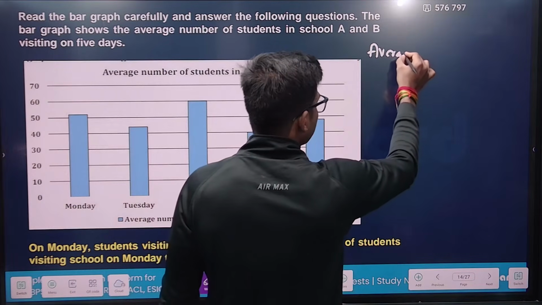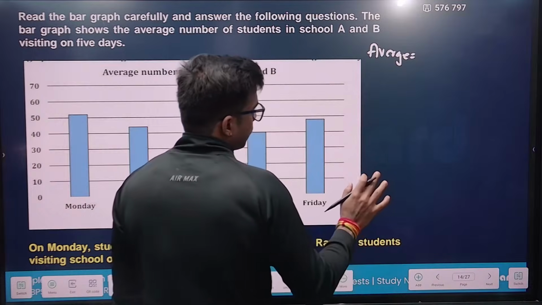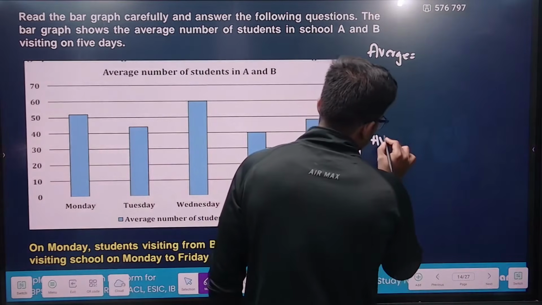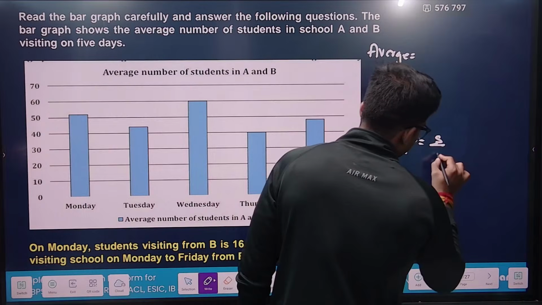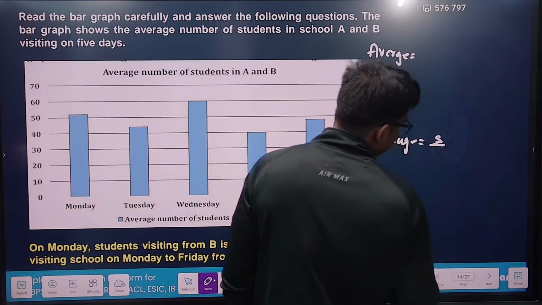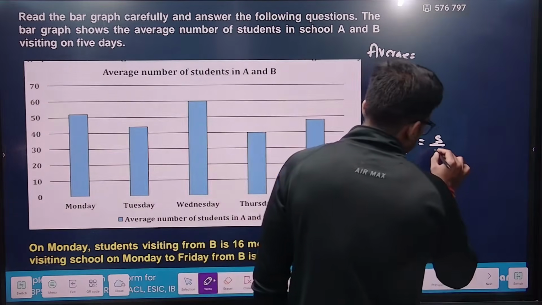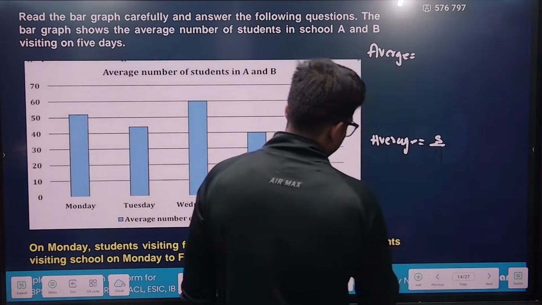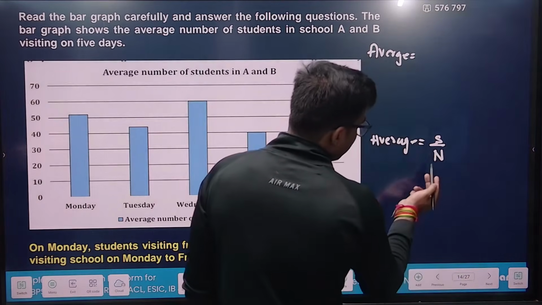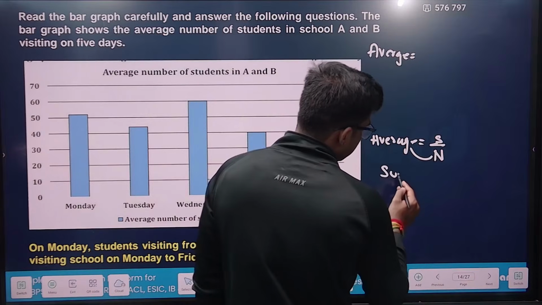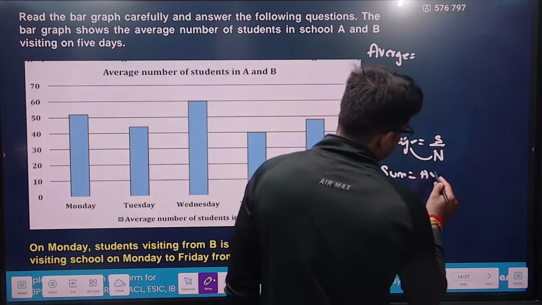We know average is basically sum of observation divided by number of observation. And they use the concept of sum always. That sum would be equal to average into n.